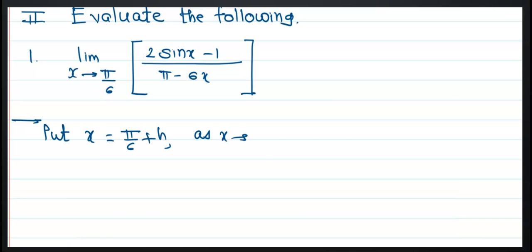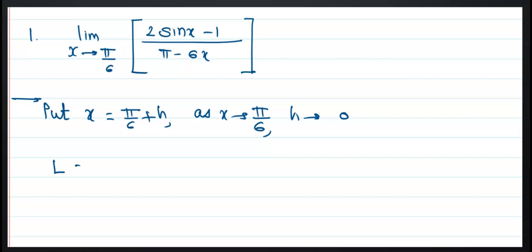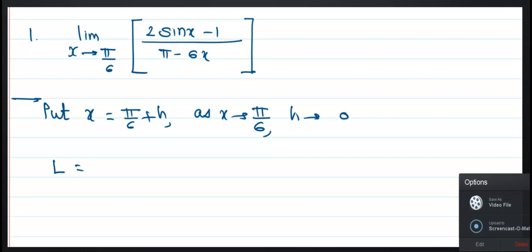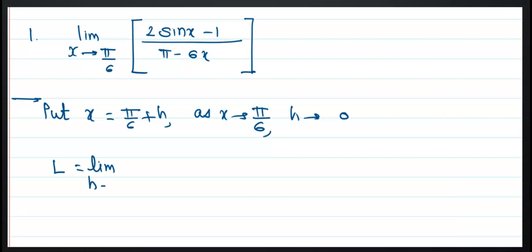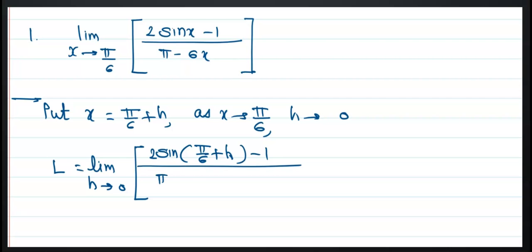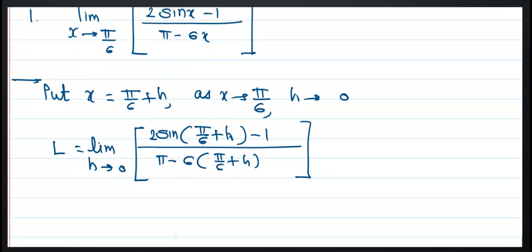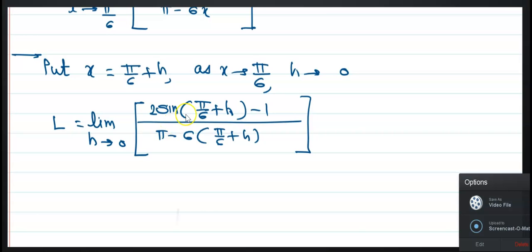Put again x is equal to pi by 6 plus h, as x tends to pi by 6, h tends to 0. Therefore, limit h tends to 0, 2 times sine of pi by 6 plus h minus 1 upon pi minus 6 in bracket pi by 6 plus h.